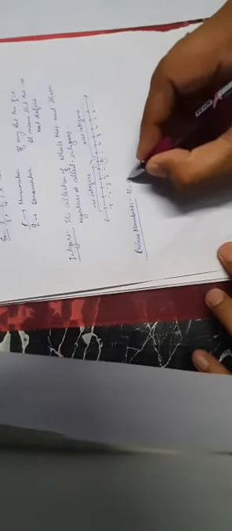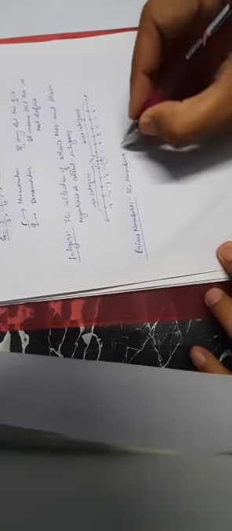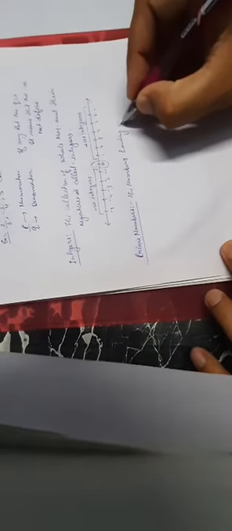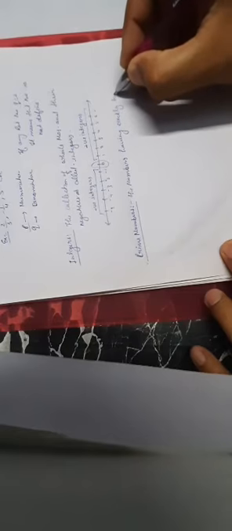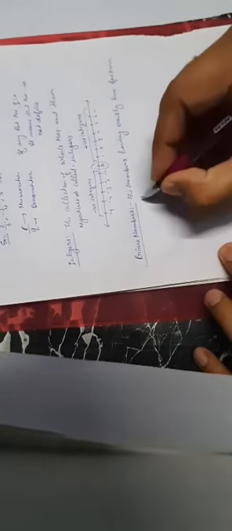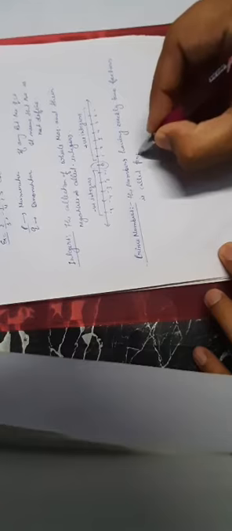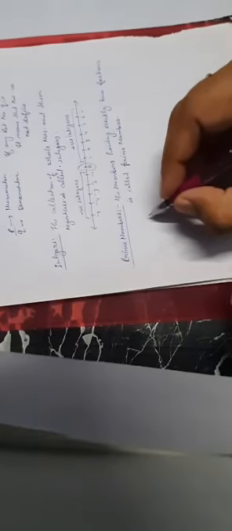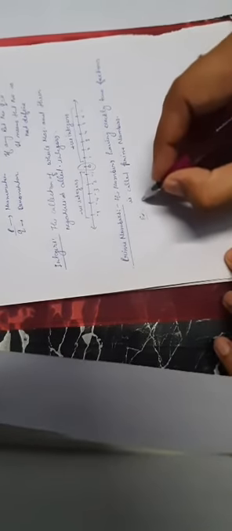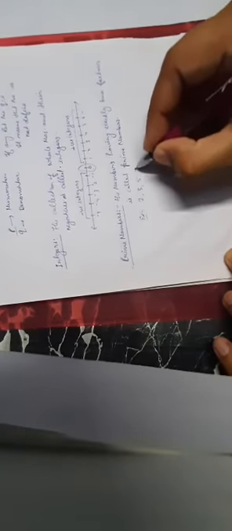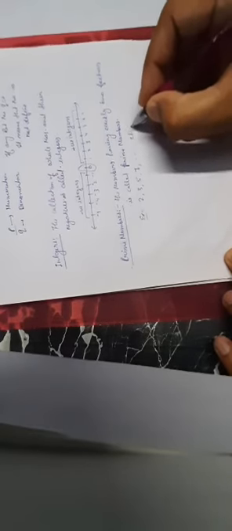Another definition: numbers having exactly two factors are called prime numbers. For example, 2, 3, 5, 7, etc.